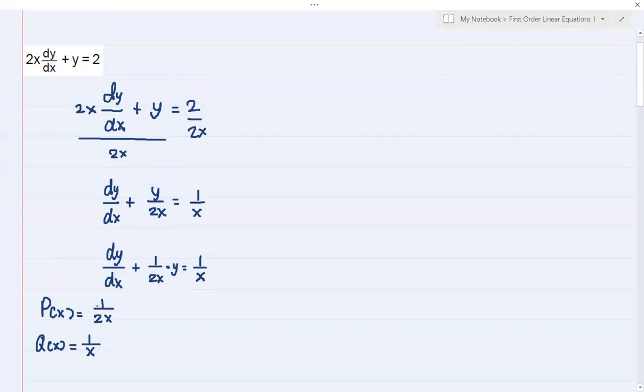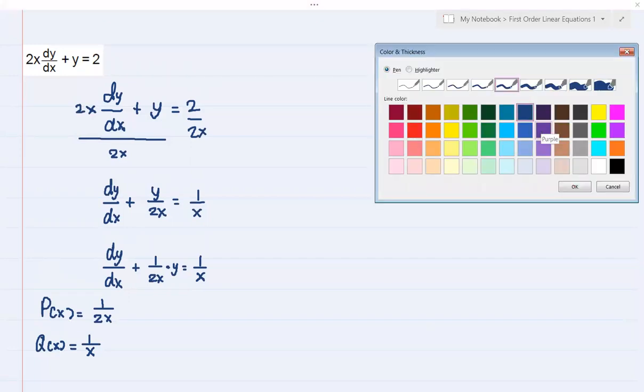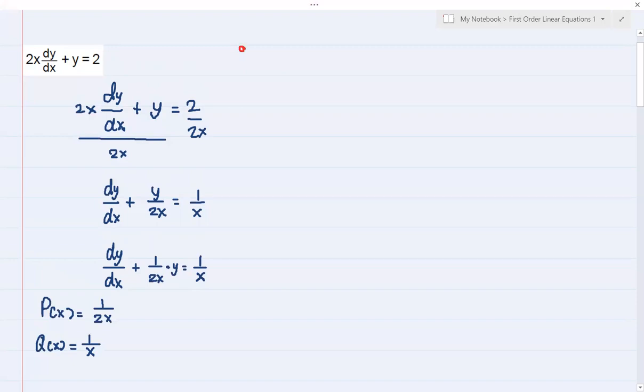Now that we have your p of x and your q of x, let's proceed to the second step, but before that, let's draw a border. Now that we are done with the first step, the second step is to use this formula: u is equal to e raised to the integral of p of x.